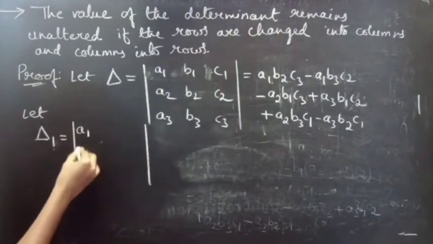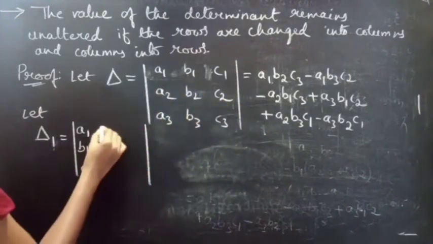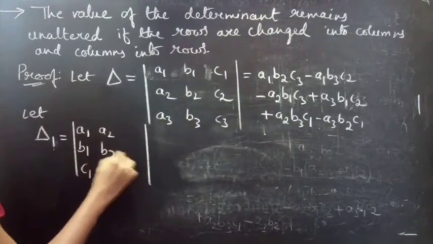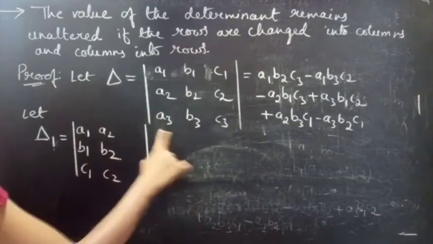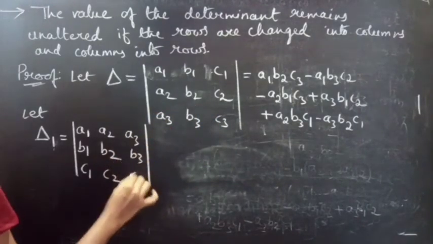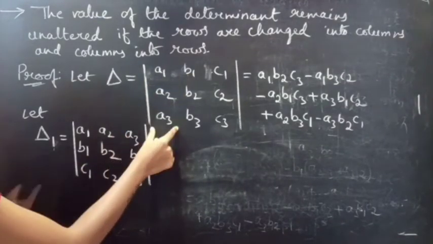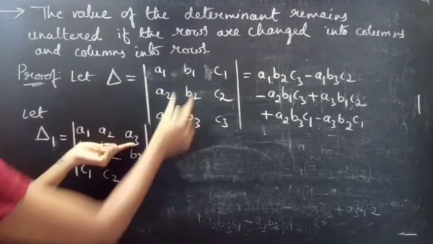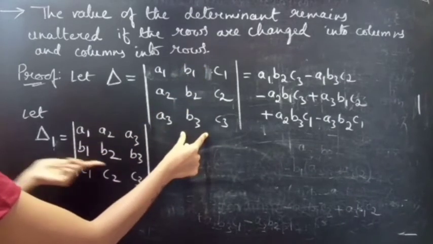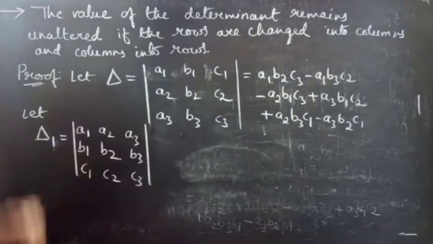So row 1 becomes column 1, row 2 becomes column 2, row 3 becomes column 3. Likewise, column 1 becomes row 1, column 2 becomes row 2, column 3 becomes row 3.